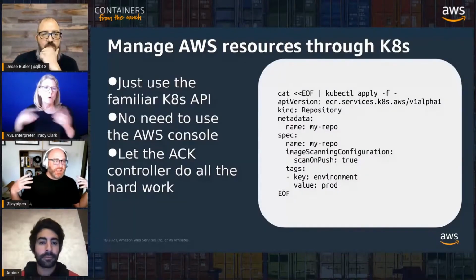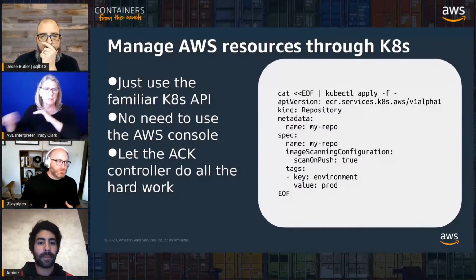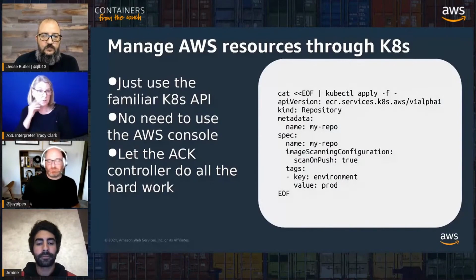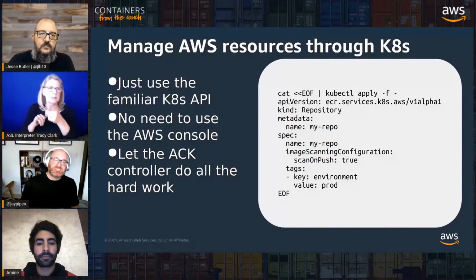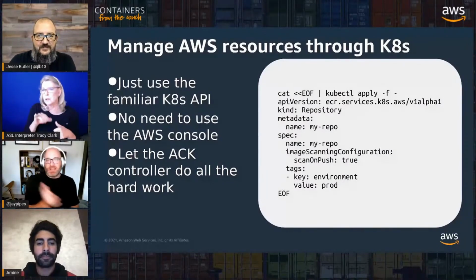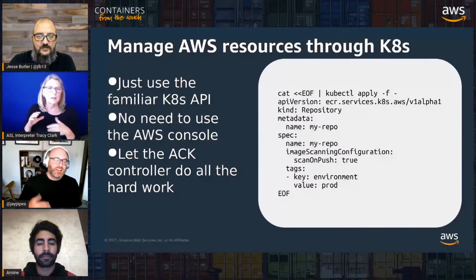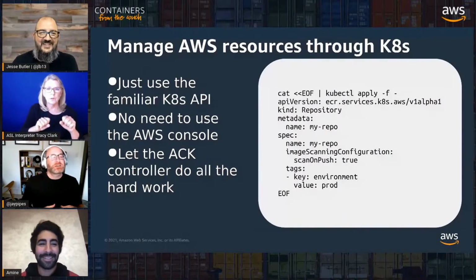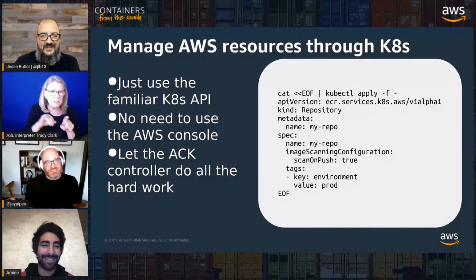And what is the end user experience that we want? Well, we want Alice or Bob or any other Kubernetes user to just be able to do kubectl apply, passing in a YAML manifest. I know that's going to hurt Ellie because he doesn't like YAML, but it's okay. ACK is all about the YAML, right?